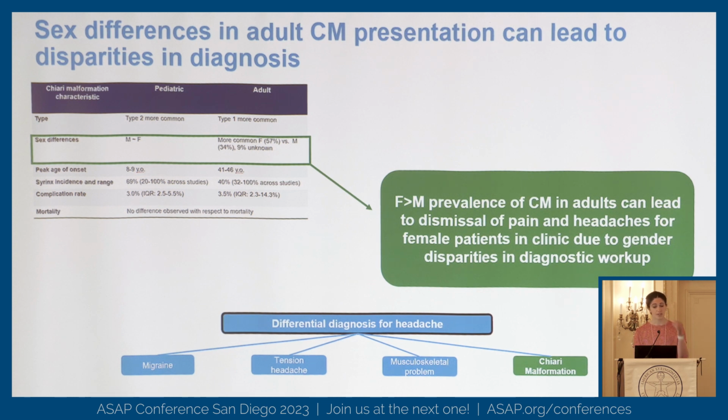So this is something we really need to pay a lot of attention to, not just in neurosurgery, because by the time you show up in our clinic, you usually have a diagnosis, but in medicine as a whole, that when people have symptoms, particularly pain, which is a much more nebulous symptom and not quite so easy for people to diagnose, especially if they're not familiar with Chiari malformation, it's super important to start thinking about these, and organizations such as this are really critical and really important for raising awareness, especially among primary care providers and patients so that they can advocate for themselves.